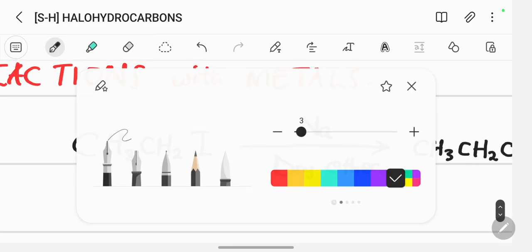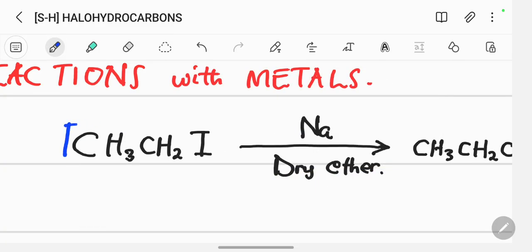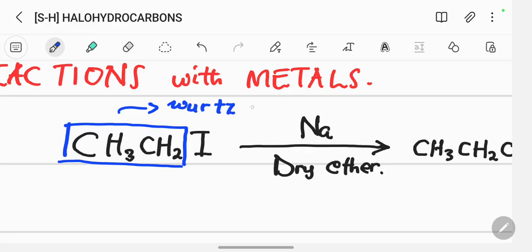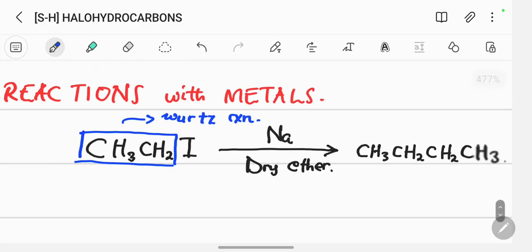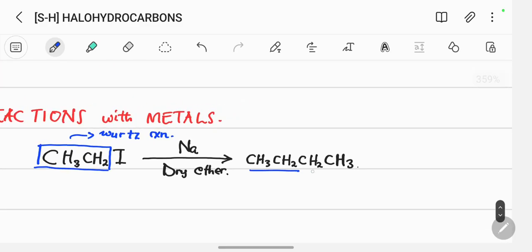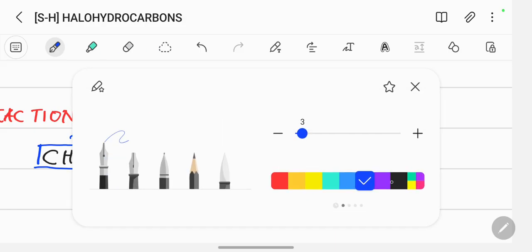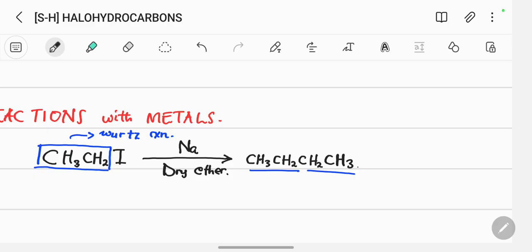So what are we seeing? This is doubling, and this is what we call the Wurtz reaction. So it's going to double 1, 2, like that. So move on to the next one, reaction B, reaction with magnesium.